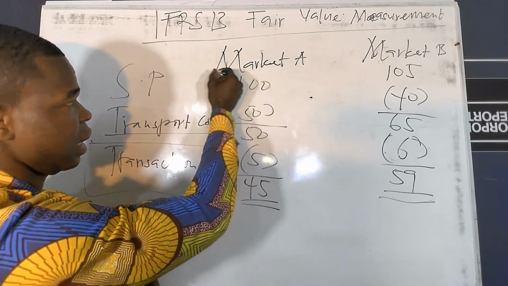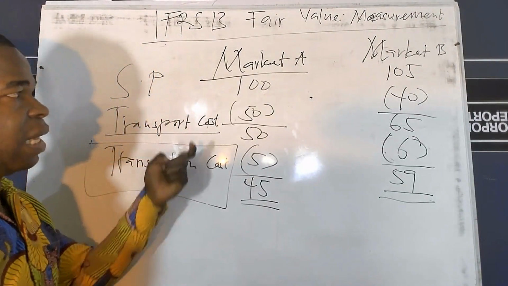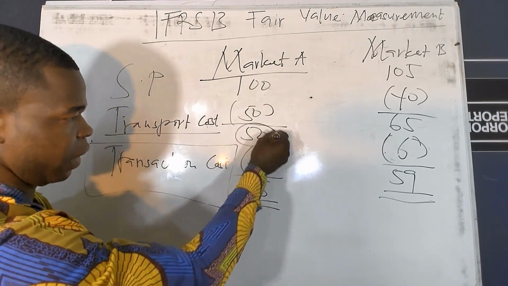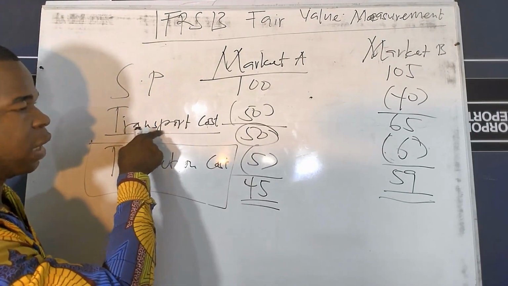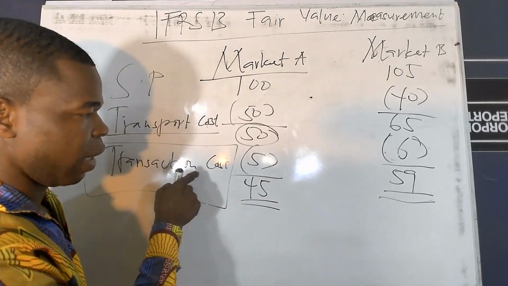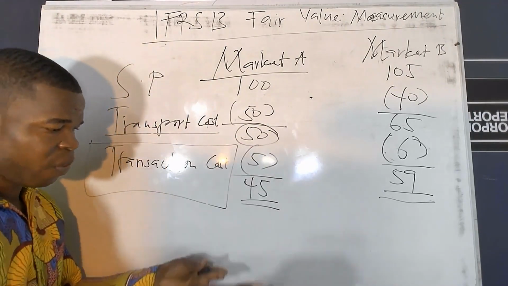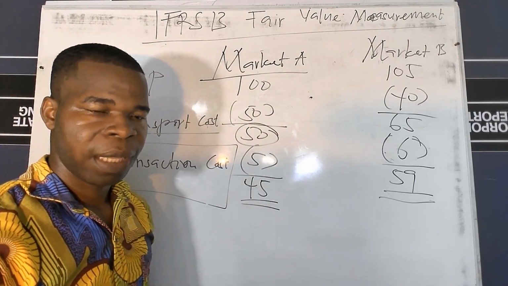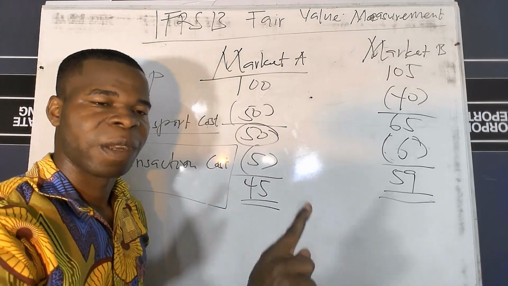So in this case, if we assume that the market here is a principal market, then our fair value is going to be what? 50, because we are just going to take into consideration the transport cost, but not the transaction cost. Now, assuming that none of these markets is a principal market, then you have to look for the most advantageous market.